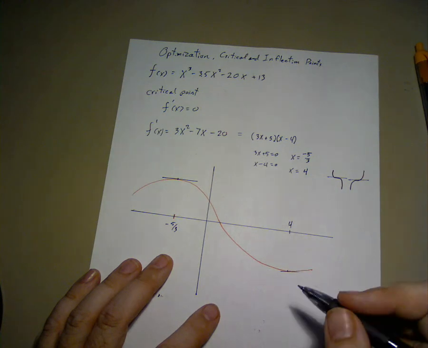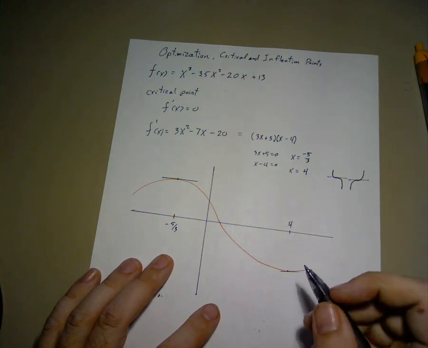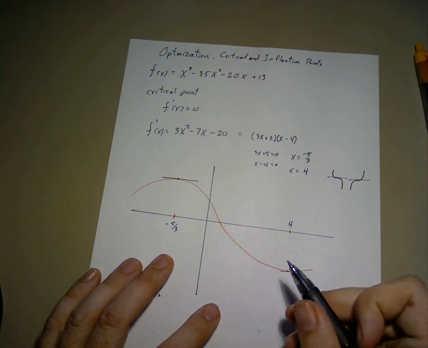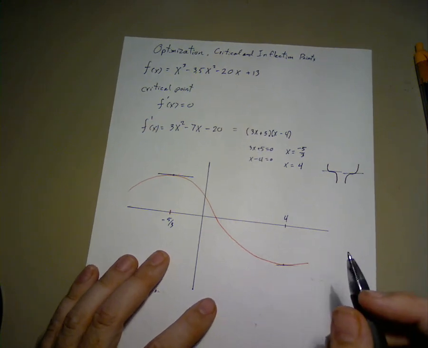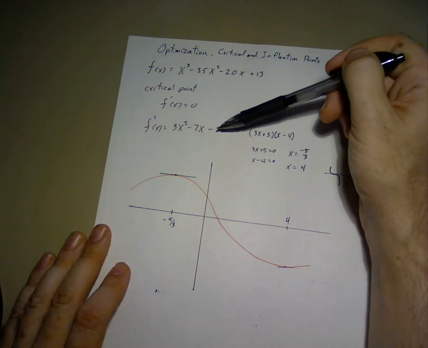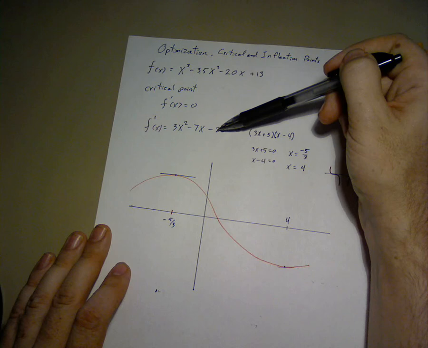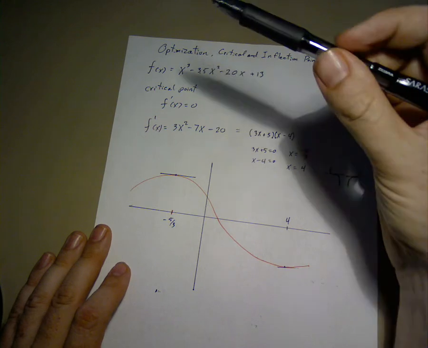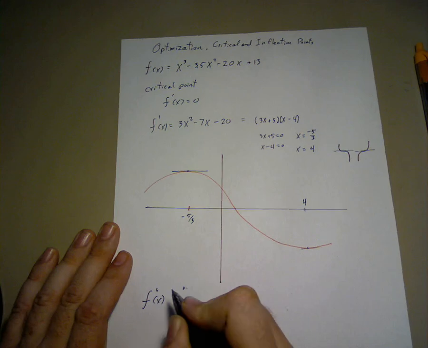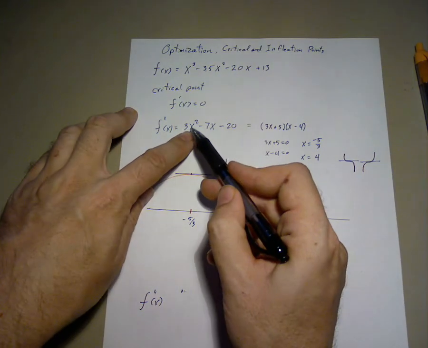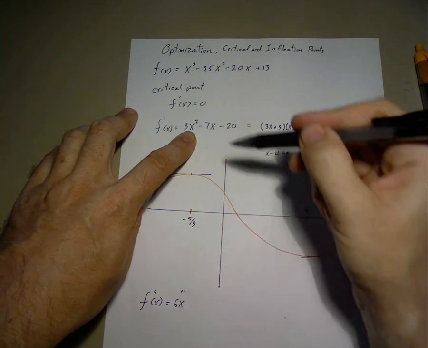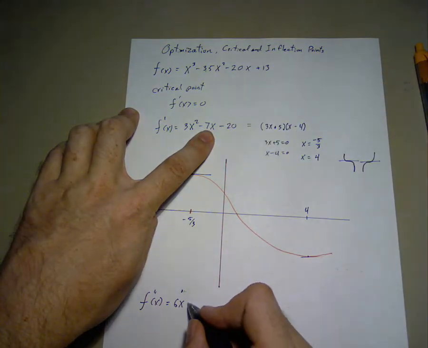We can determine analytically whether or not we have a maximum, minimum, or a saddle point by use of the second derivative. To find this, we take our equation for the first derivative, and we take the derivative of that. The derivative of this function would be 6x minus 7.